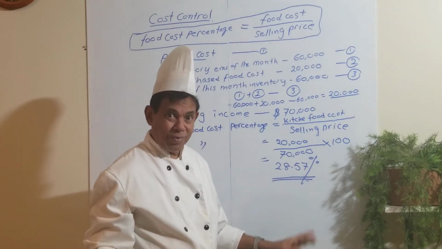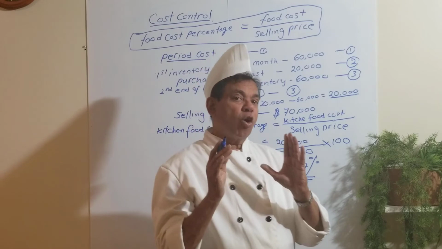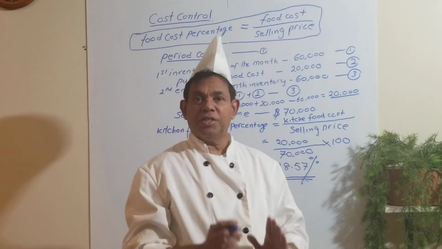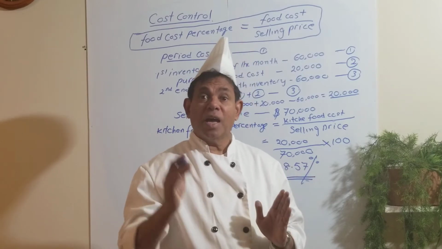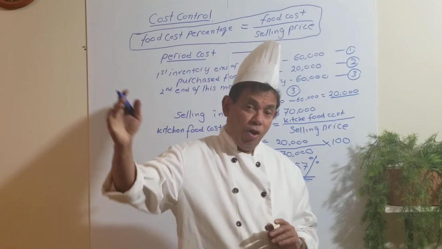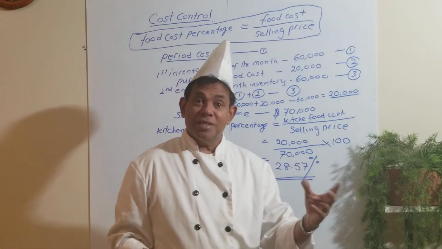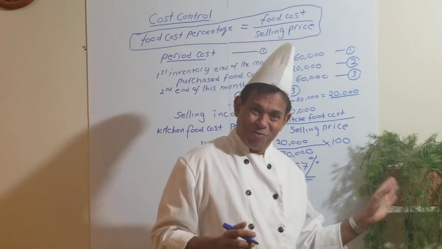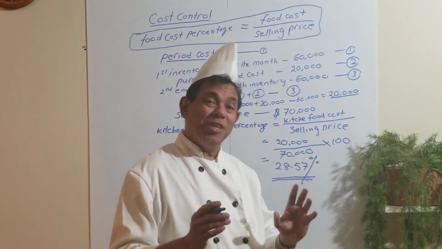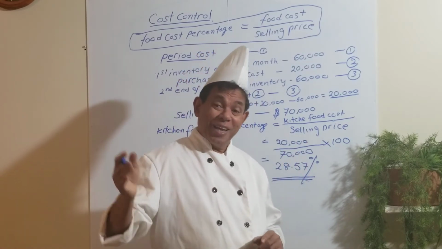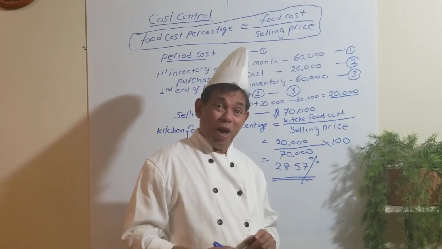Then it comes 28.57%. Now, this is a constant figure for a certain period of the kitchen. For one month until I get the second inventory of the other month. So, for my other purposes, very important thing I'm going to explain you now, I need this kitchen food cost percentage for my calculation of other menu prices and everything.